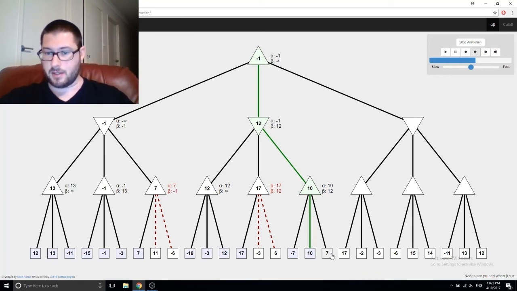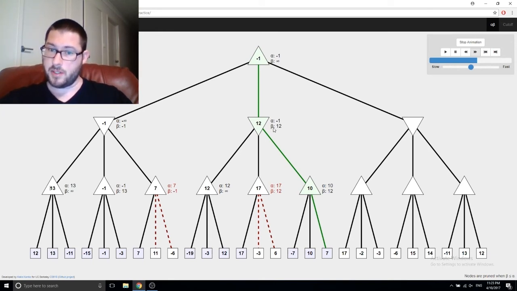It's going to check this next child node, see that it's a 7, see that 7's not actually higher than alpha, and it will do nothing with it. Okay, what's going to happen here? This will return a value of 10 to its parent node. And since this parent node is a minimizing node, it will try and push down the value of beta.